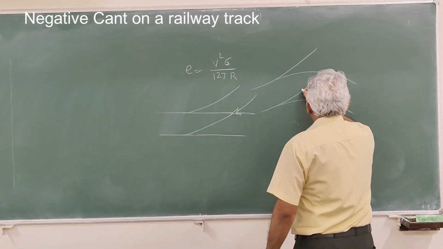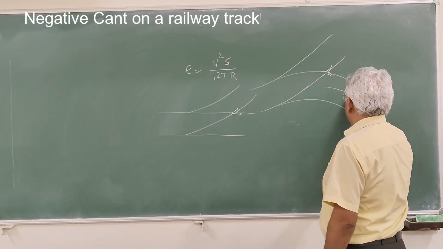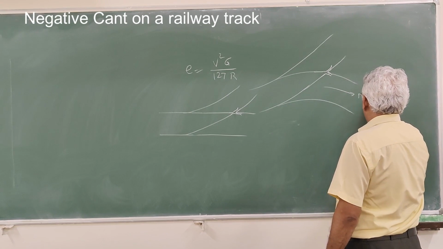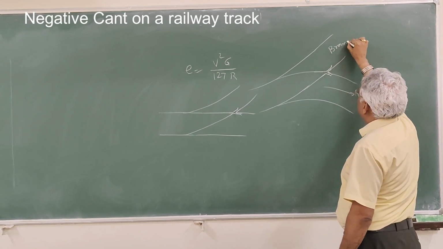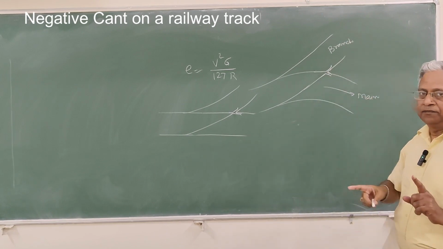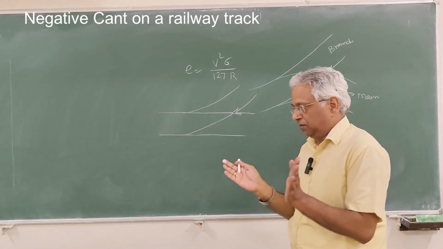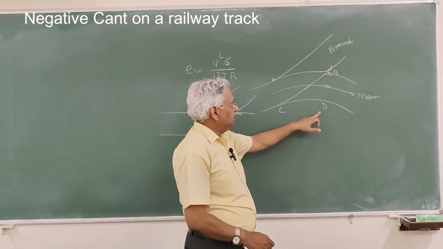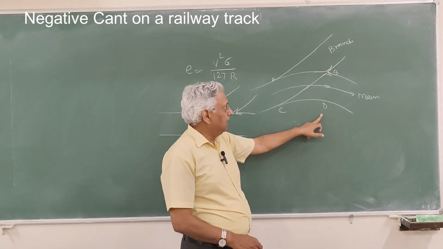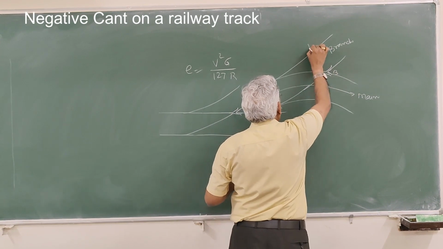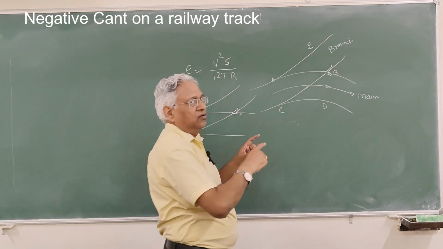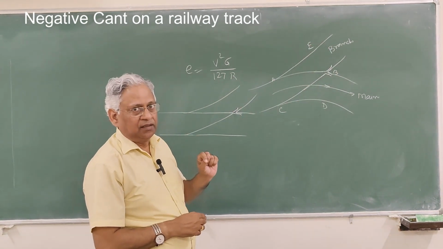Now in this case, let us say this is the main line and this is the branch line, and both are on curve in opposite direction. AB and CD are the rails for main line, and CB and let us say AE are the rails for the branch line.